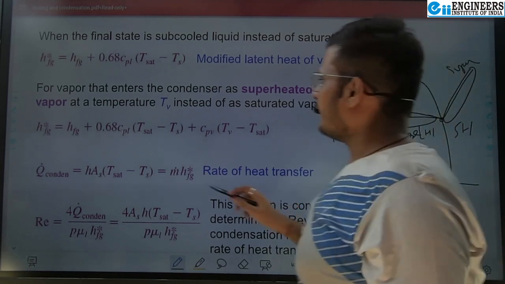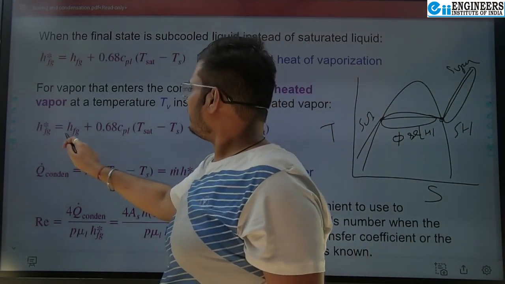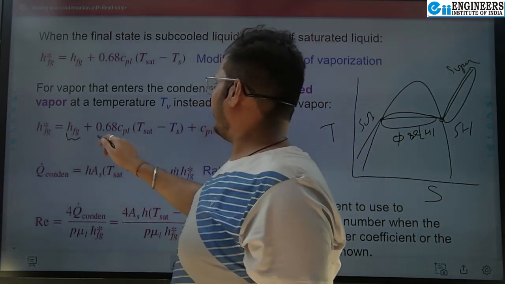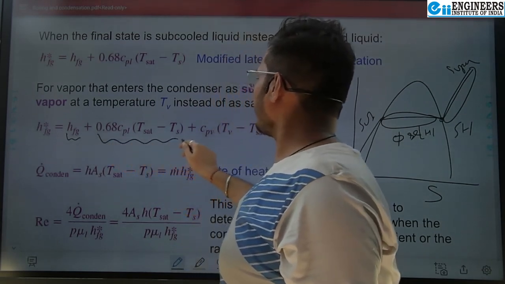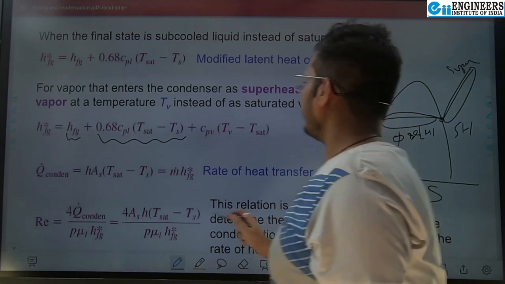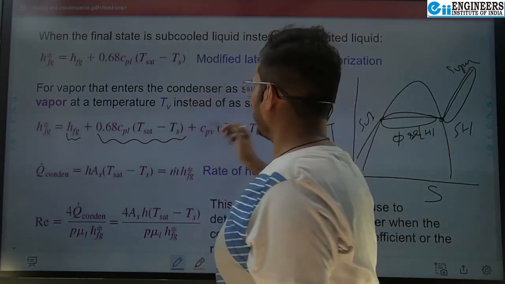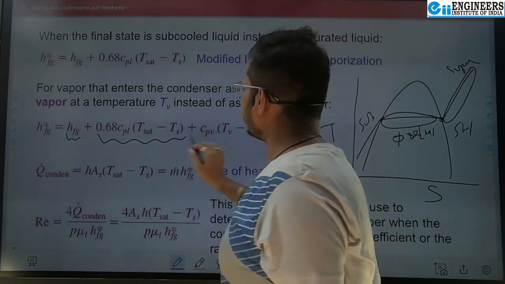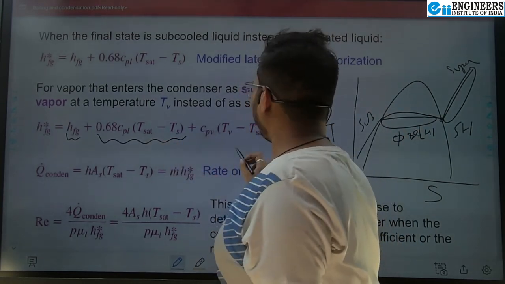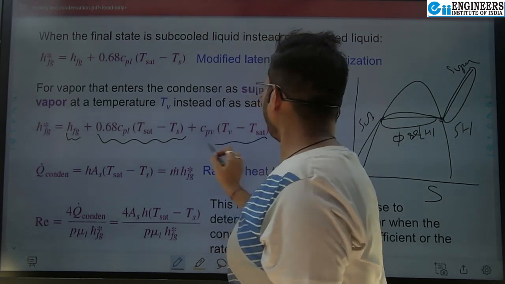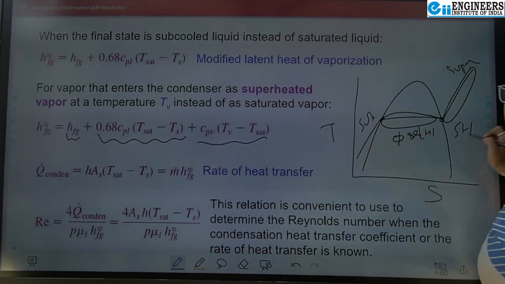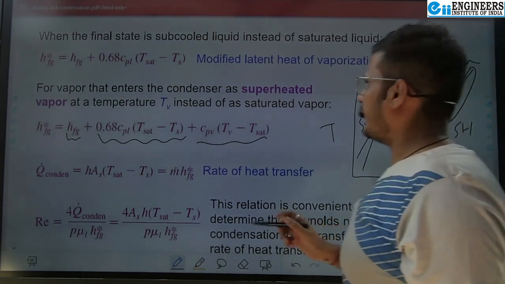So here there will be the normal hfg, and because of the sensible heat coming into the picture, hfg star stands for the latent heat plus the sensible heat. Then again here it will be the sensible part from the superheated to the saturated condition.